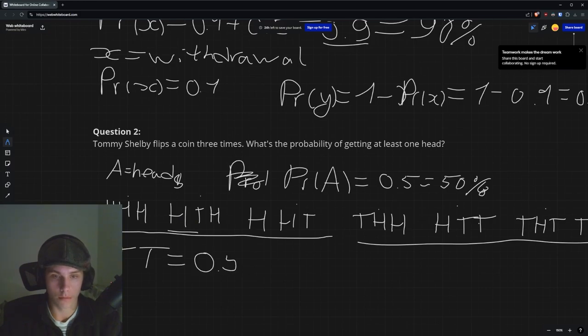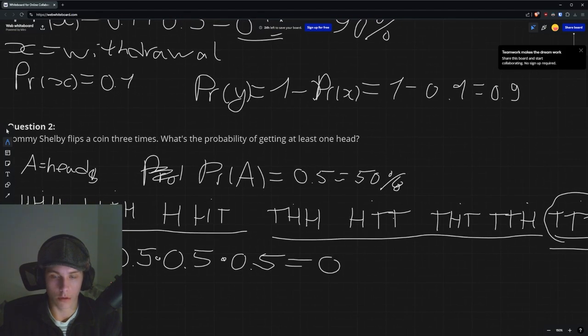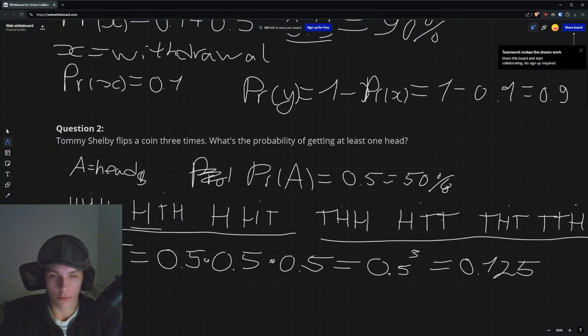So the probability of getting tails, tails, tails equals 0.5, that's one flip, times 0.5 times 0.5, which also equals 0.5 cubed. That equals 0.125. You can use a calculator because the exam will be tech active, so that's completely fine if you need it.